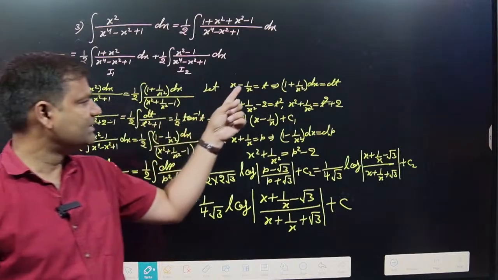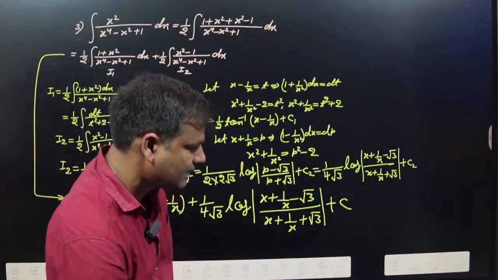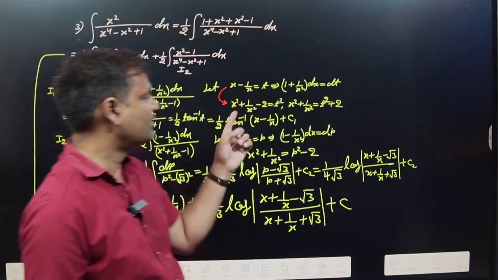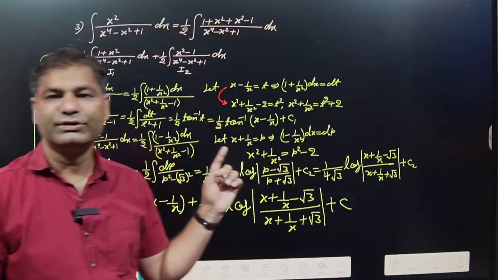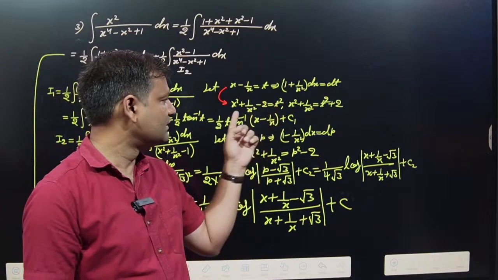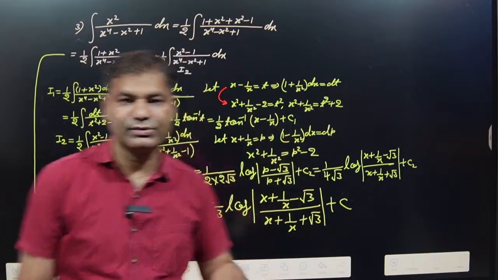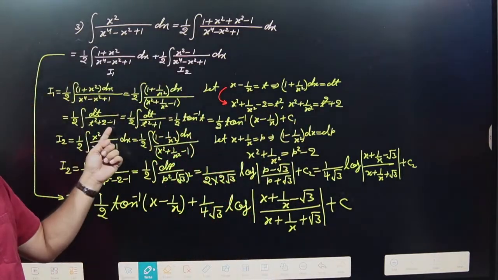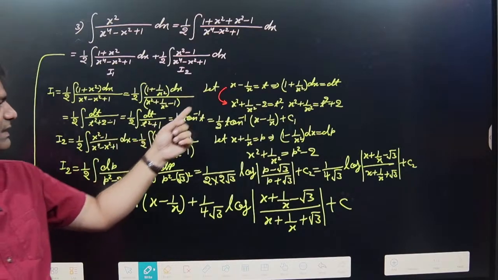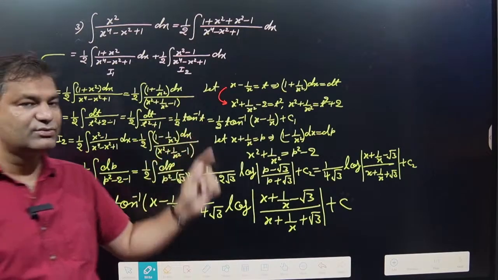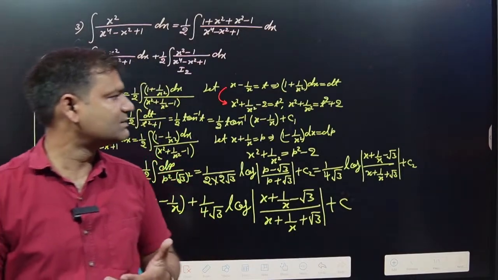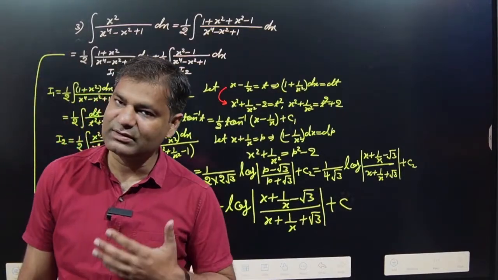Squaring both sides, x square plus 1 upon x square minus 2 equals t square, so it becomes t square plus 2. Replacing and subtracting 1, we get t square plus 1, and the integration is simply 1 by 2 tan inverse t, where t is x minus 1 upon x, plus c1.